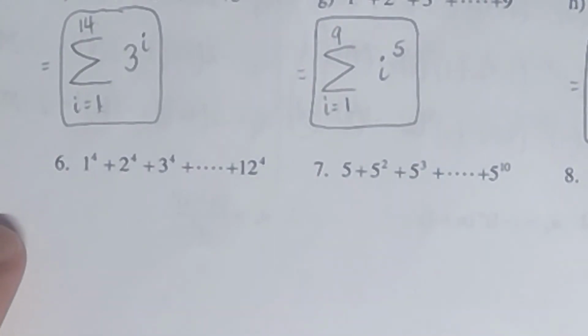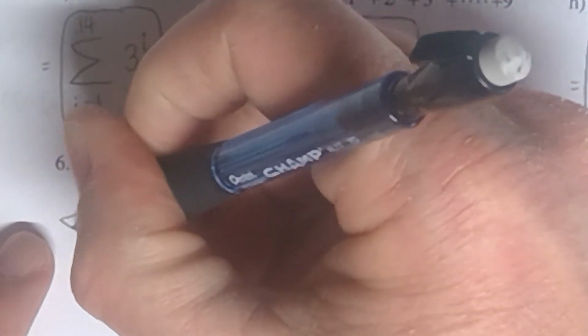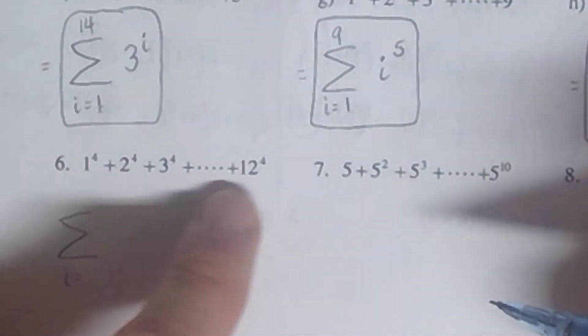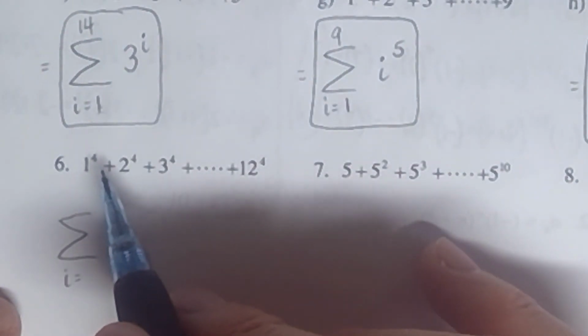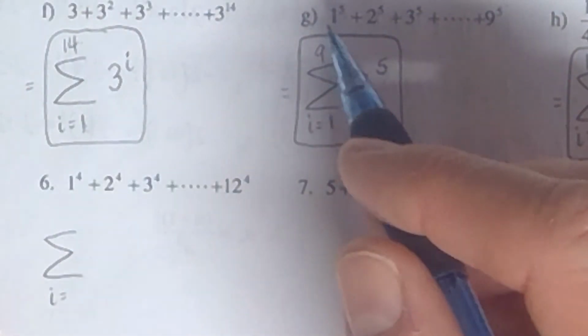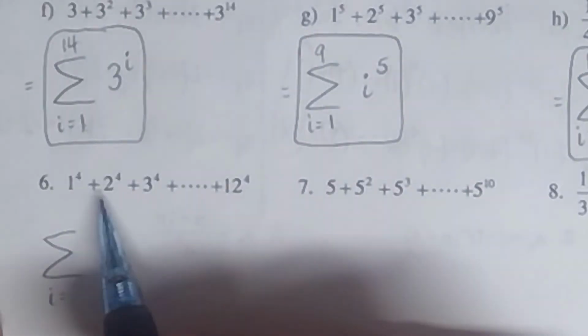Number 6. Again, you write down your sigma letter. And then you look at each term that's being added here. We saw this in problem G up here, where this time the base changes, but the exponent stays the same.